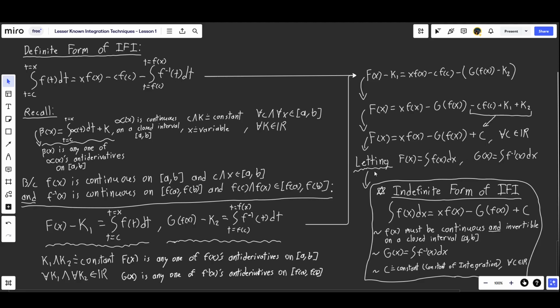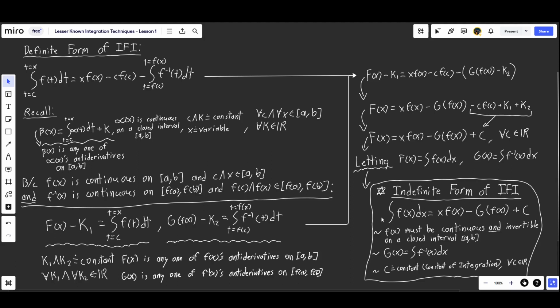And this leads us to the second big result for inverse function integration, which I like to call the indefinite form of inverse function integration. This is the formula that I promised at the beginning of the video, relating the antiderivatives of f of x to the antiderivatives of the inverse of f of x.